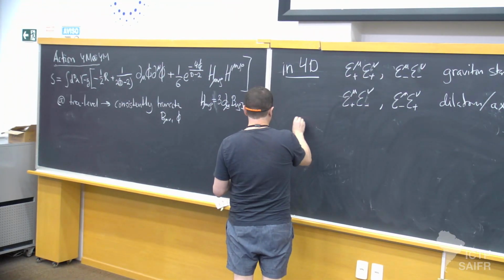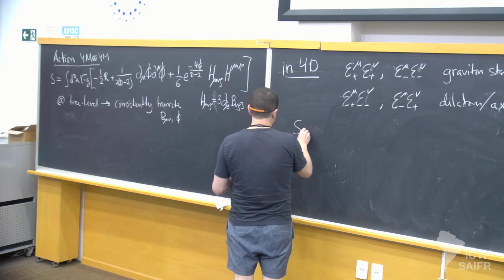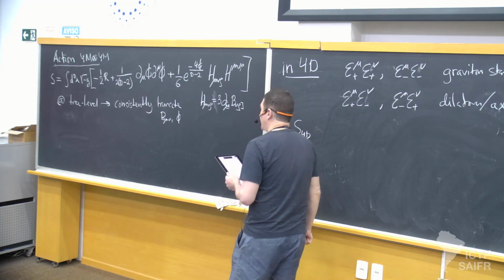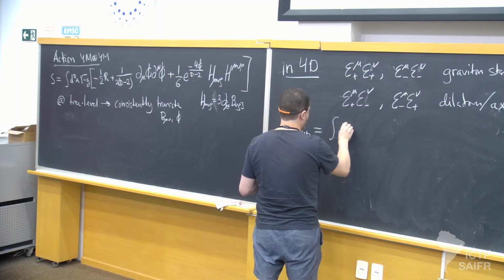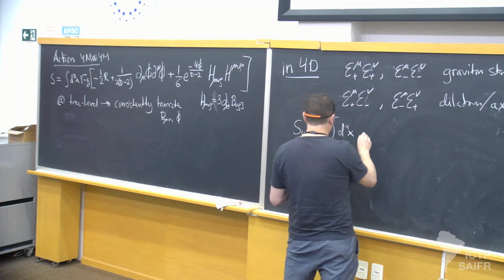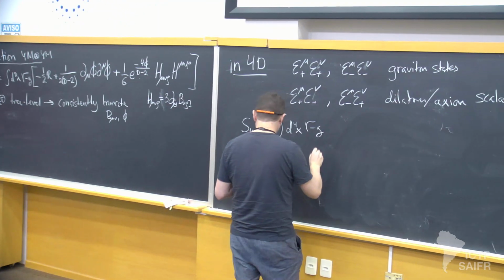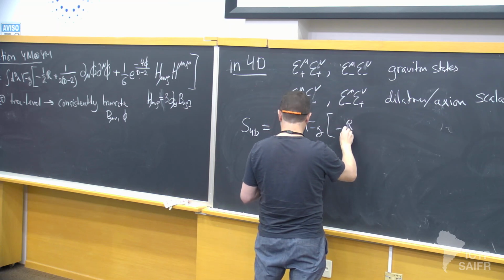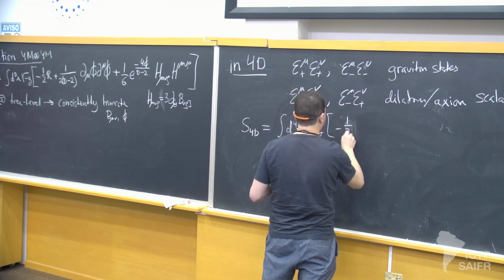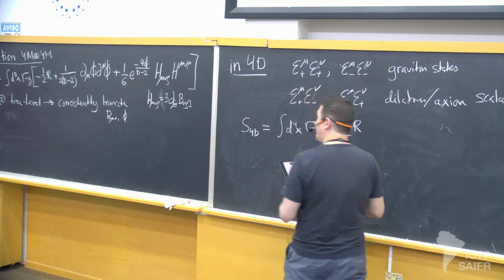Okay, so in 4D, this action here becomes, you can write it in a slightly simpler way, or maybe more complicated depending on your taste. So the Einstein-Hilbert term is the same, 1/2 R. And I have set kappa to 1, by the way.